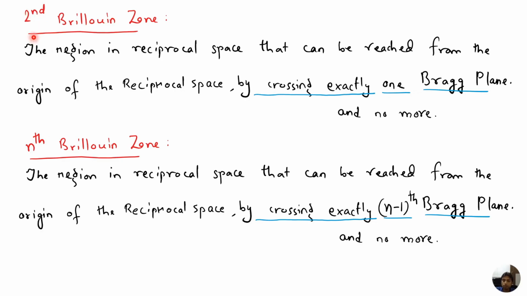If it were a third Brillouin zone, then two Bragg planes we have to cross. Similarly, for the nth Brillouin zone, it is that region in reciprocal space that can be reached from the origin by crossing exactly n minus 1 Bragg planes, and not more or not less.